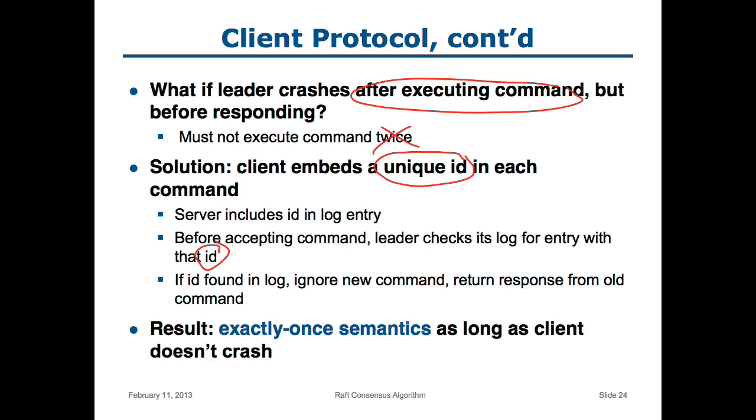And if so, then it knows it's receiving a redundant command. So if it finds the ID in the log, then it ignores that new command, and instead it waits for the old command to be executed by the state machine, if it hasn't already been executed, and then it returns that old response. So as a result, we get exactly once semantics. Each command is executed exactly once. And this is a key element of what's called linearizability, a particular form of strong semantics that we like for systems to have.